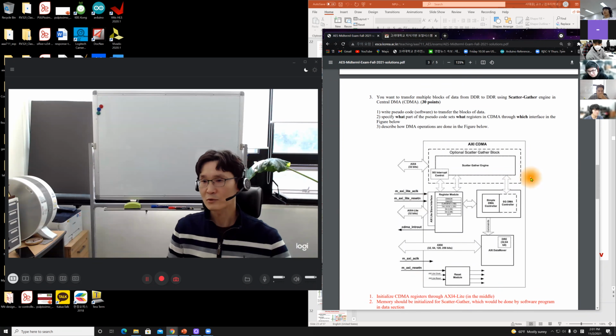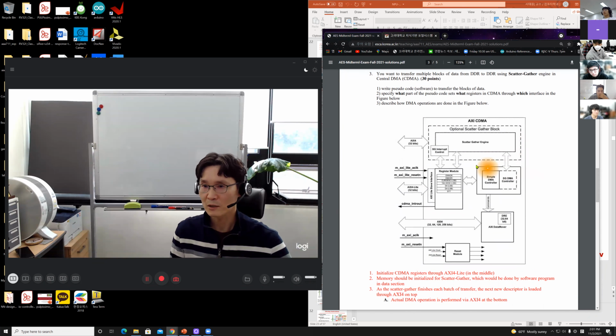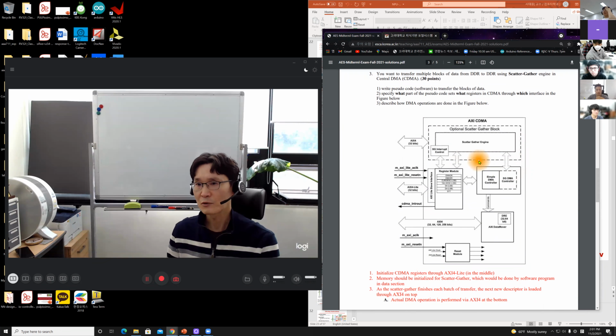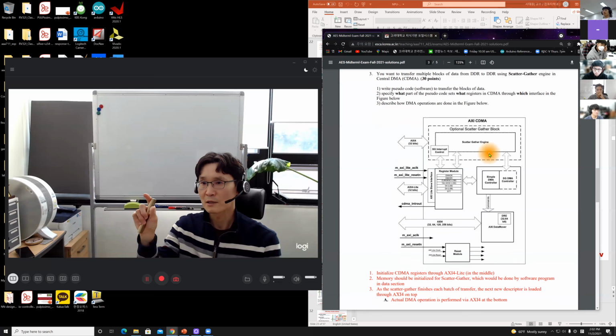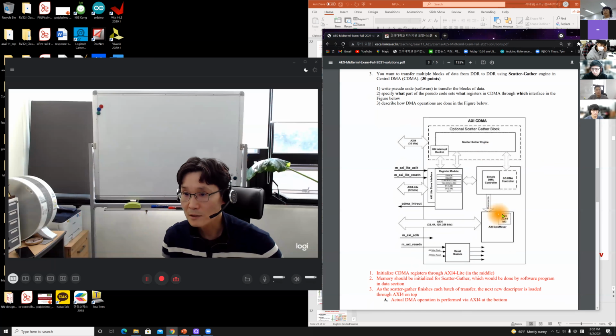What do you have to write in software to do a scatter gather operation? You have to write software that contains a block descriptor, BD. Is that the right terminology?